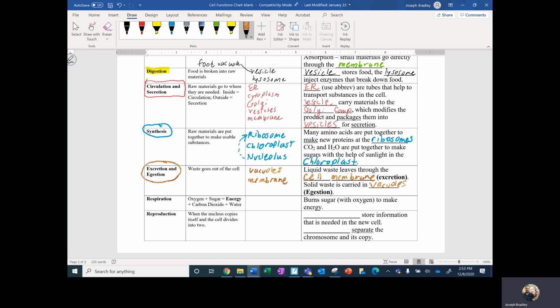Okay, respiration. I believe we did that one in purple, so we'll do this fancy color here. What's the part that's going to have this? This is going to be the mitochondria.